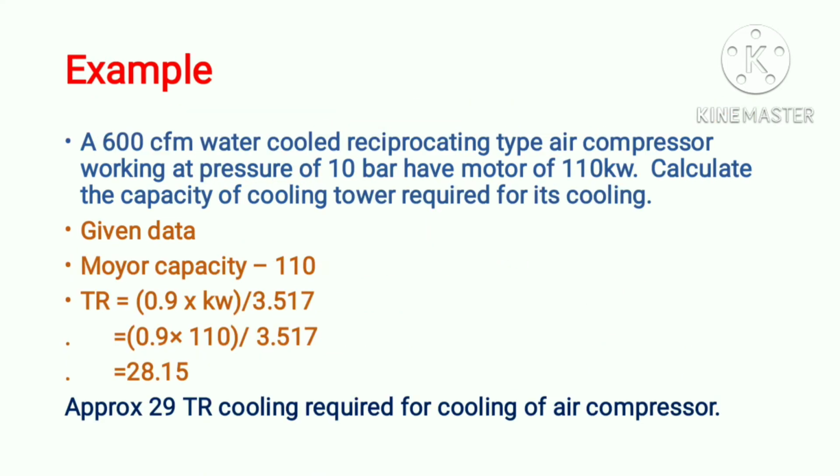Now we'll see how to calculate by using one example. Suppose this is a 600 CFM water-cooled reciprocating type air compressor working at a pressure of 10 bar, and its motor capacity is 110 kilowatt. Now we have to calculate the cooling tower capacity for this. Given data is motor capacity 110 kilowatt, and we put the values in our formula: 0.9 into kilowatt divided by 3.517.